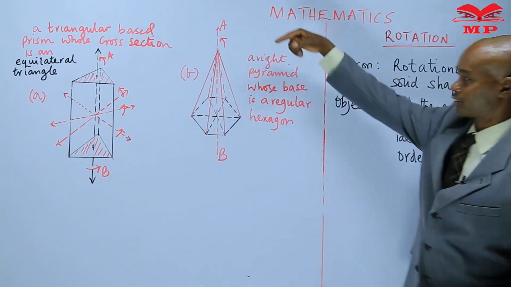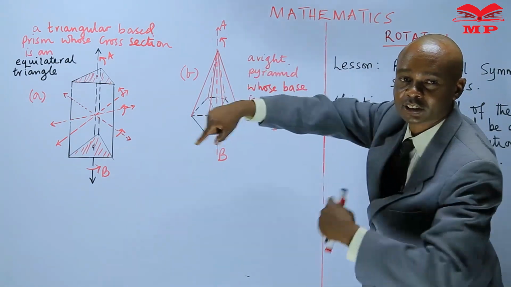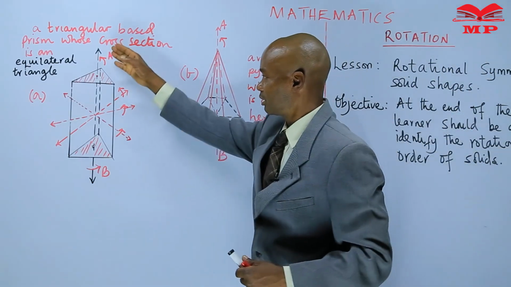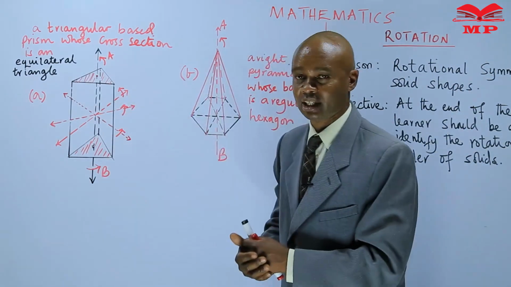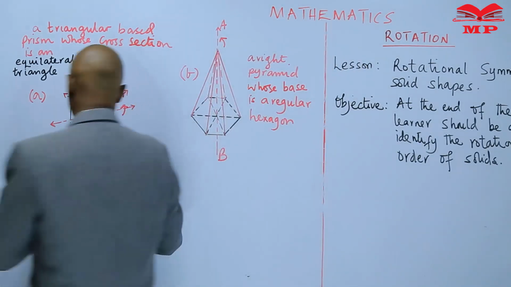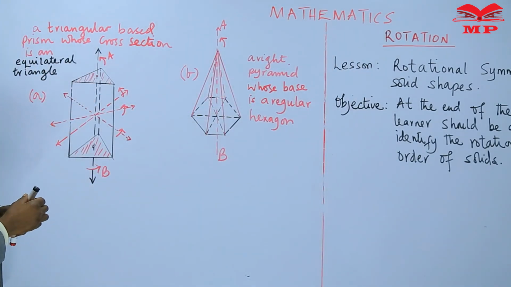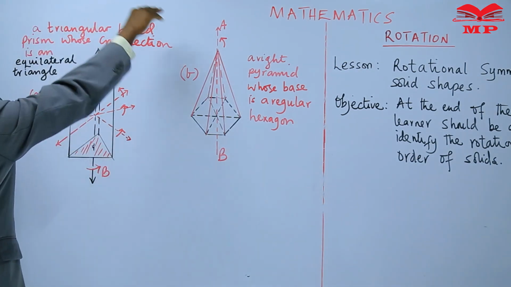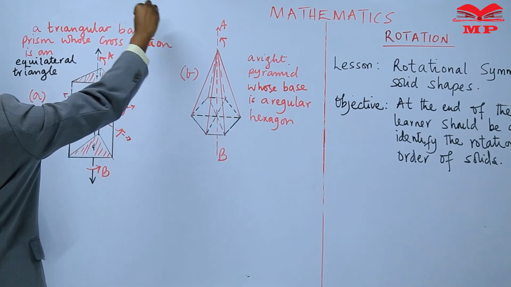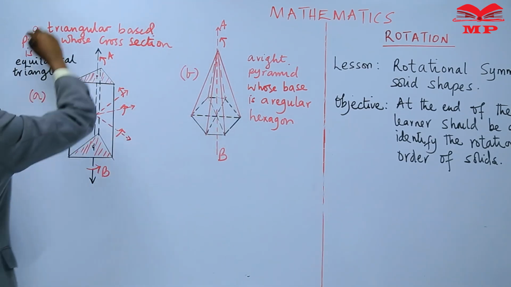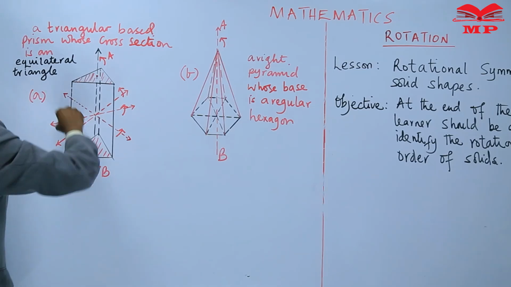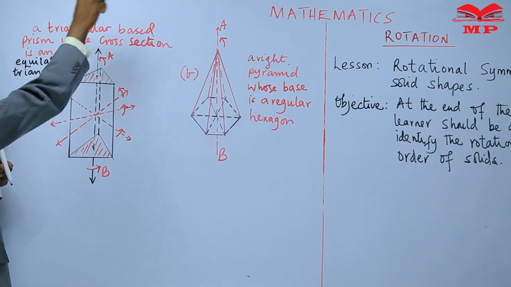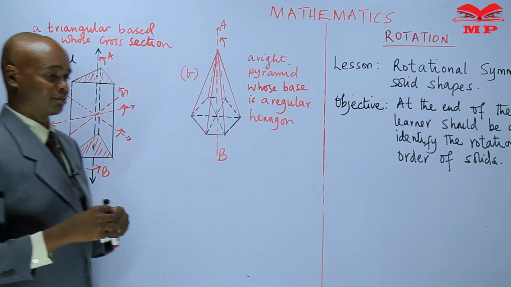Because if I have a vertical axis, it rotates in a horizontal manner. If I have a horizontal axis, what happens? It means I can turn these clockwise and anti-clockwise. So a half turn, it will map onto itself. 360 degrees, it will map onto itself twice.